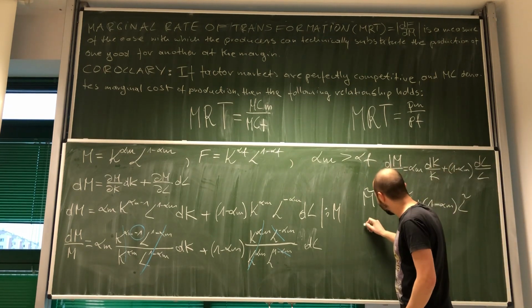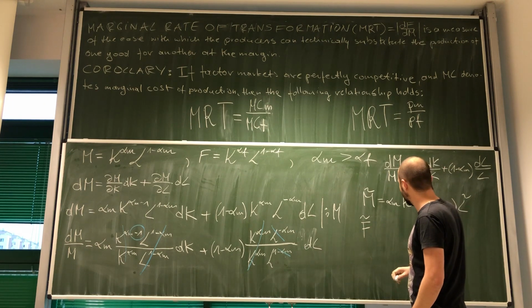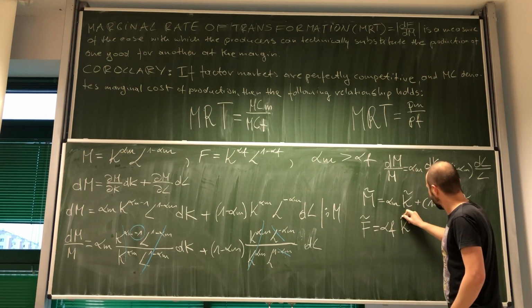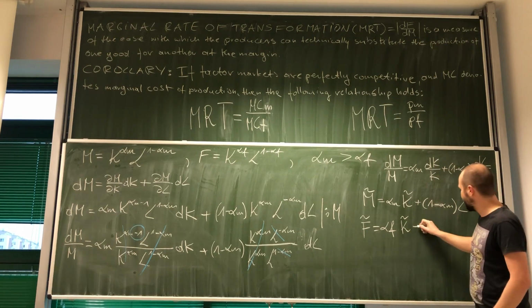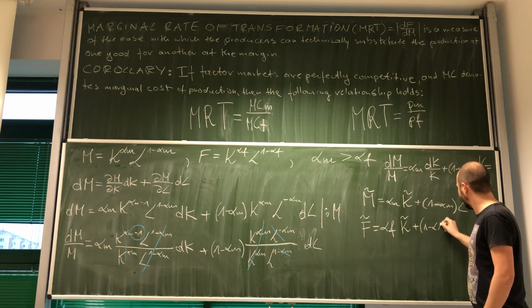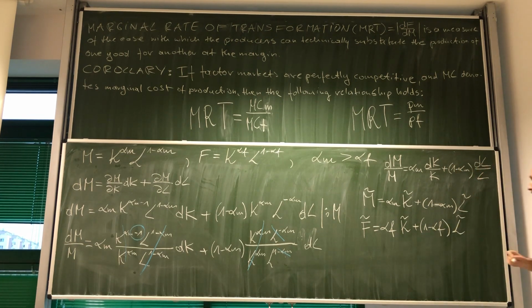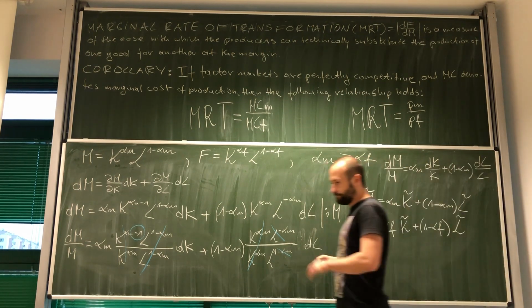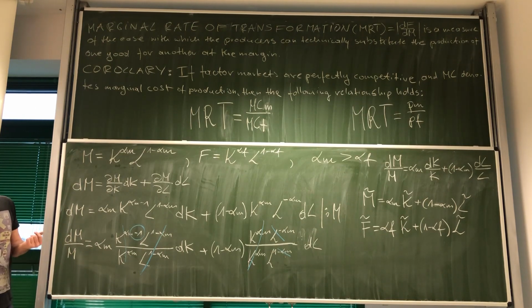Okay, and look, by the same token, if we went through all these steps, we would get that relative change in the production of food is equal to alpha f times relative change in K plus 1 minus alpha f times relative change in L. Okay, so look, what is this result telling us?